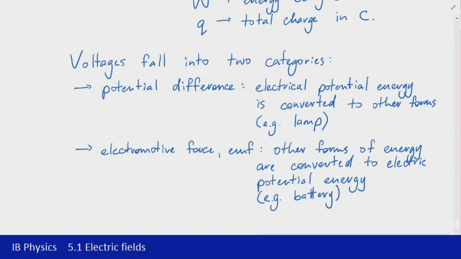Now we're going to take a step backwards here for a second to identify that the concept of voltage doesn't just apply to currents, it also applies in electrostatics.